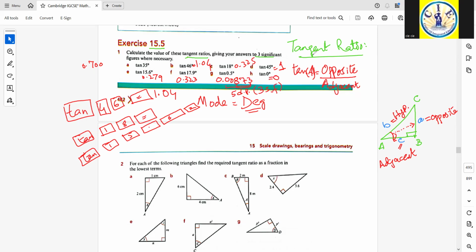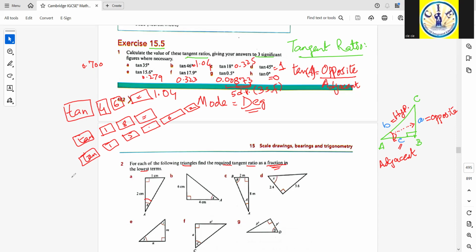Now for question number 2. For each of the following triangles, find the required tangent ratio as a fraction in the lowest forms. Now you see in each of these triangles, you are given the angle that is to be considered, which is known as angle of consideration.